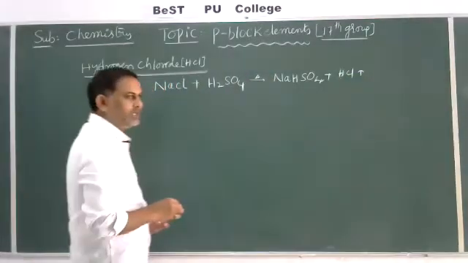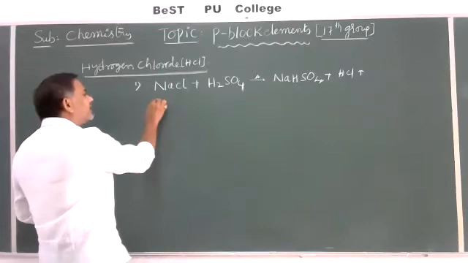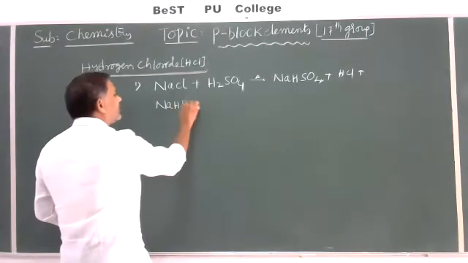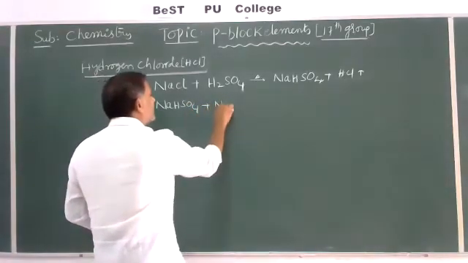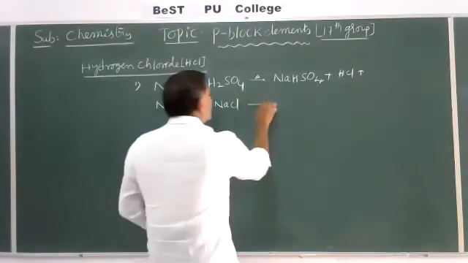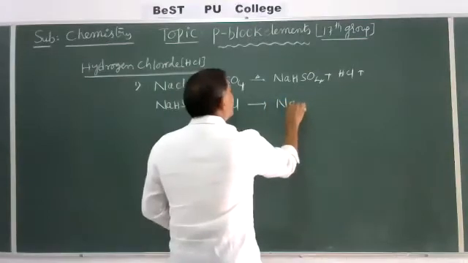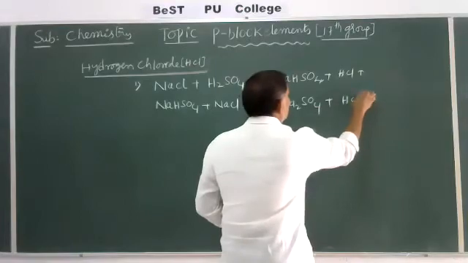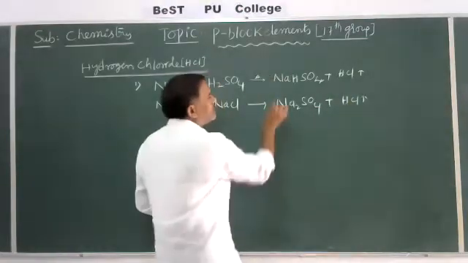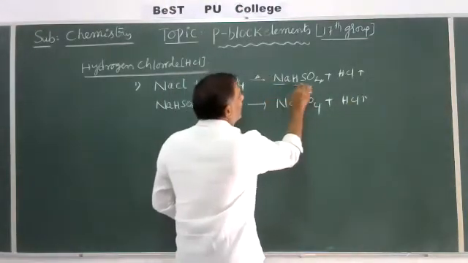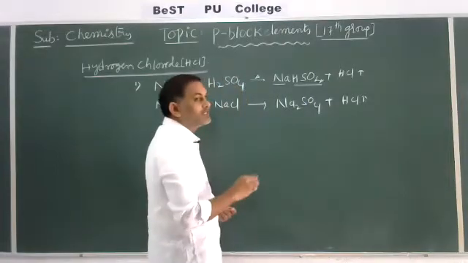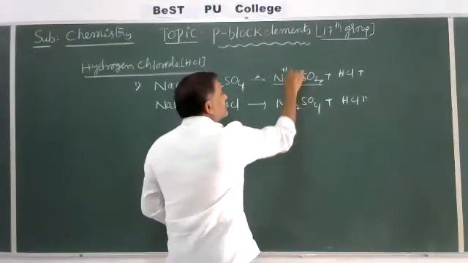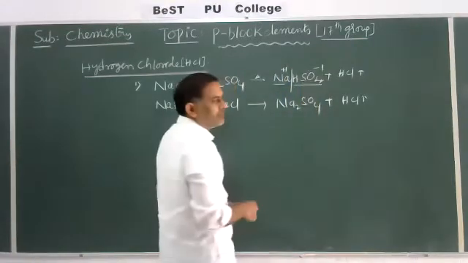Then again this sodium hydrogen sulfate reacts with NaCl. It gives Na2SO4 plus HCl. This is sodium hydrogen sulfate, that is bisulfate: Na is plus 1, the bisulfate is minus 1.